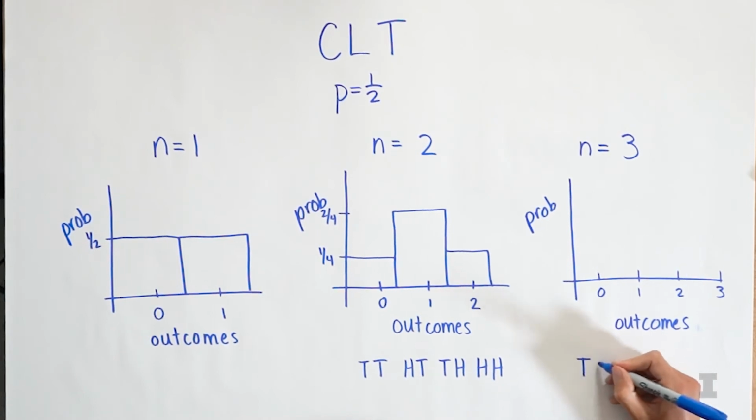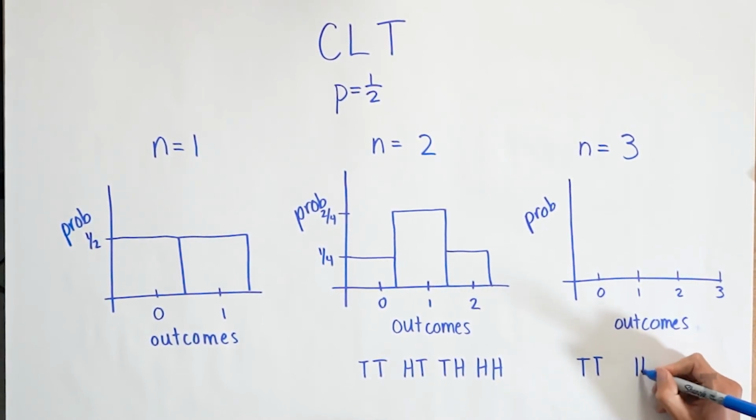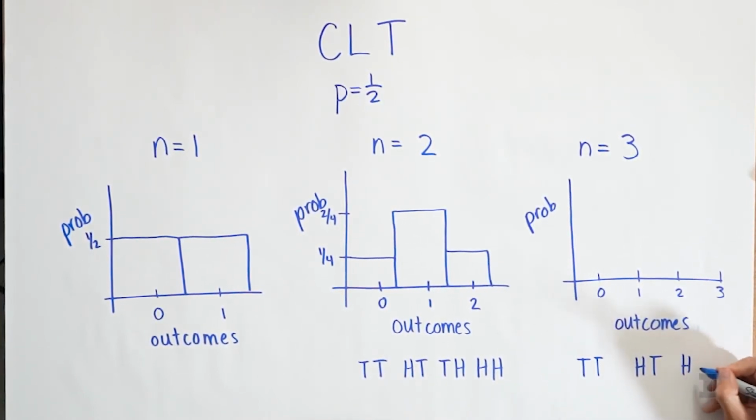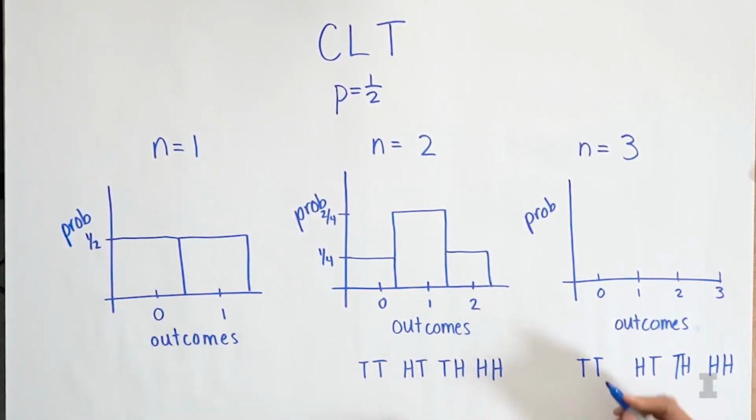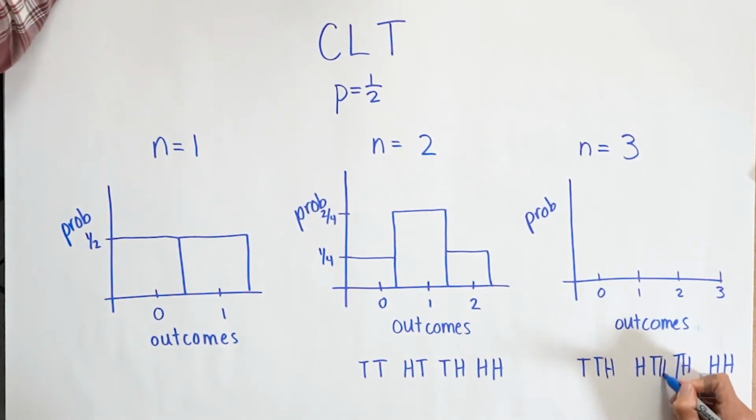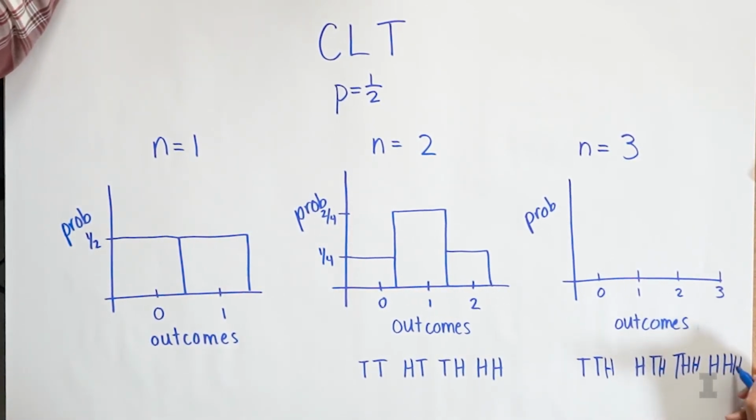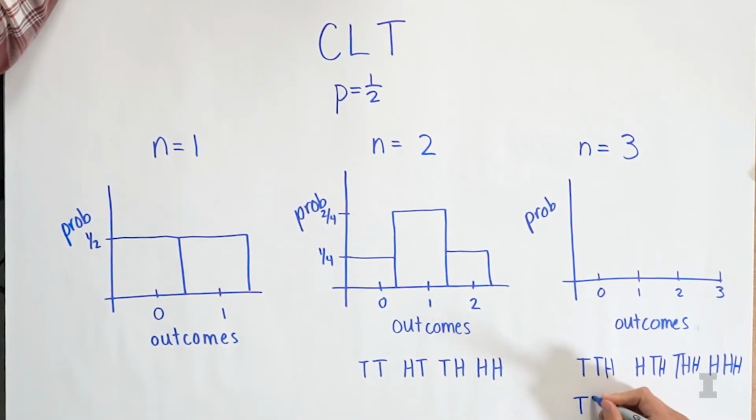So I'm going to write the same thing, and then I'm going to add a head to all of these outcomes. And then I'm also going to do the same thing and add a tail. So we have tail, tail, tail, head, tail, tail, tail, head, tail, and then head, head, tail. So these are the 8 outcomes.